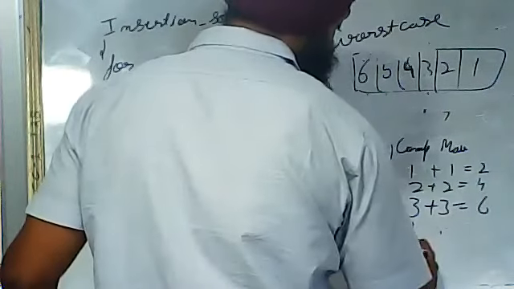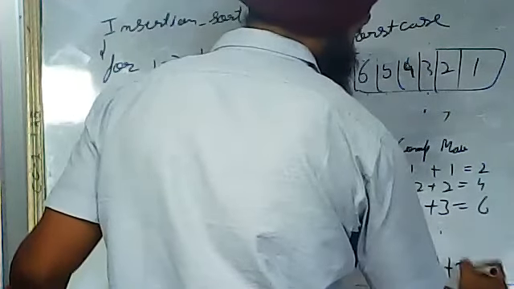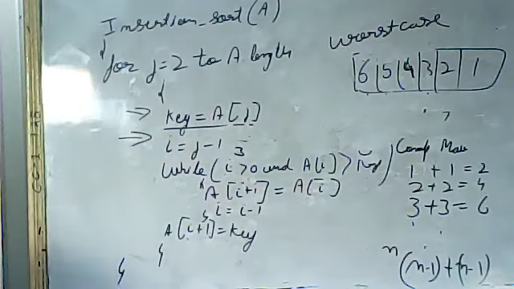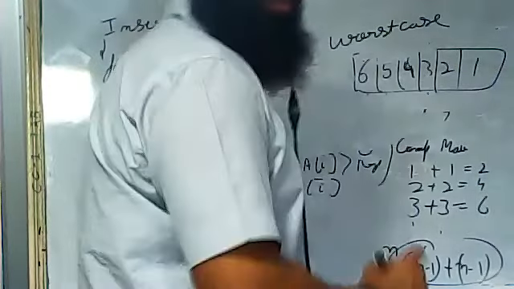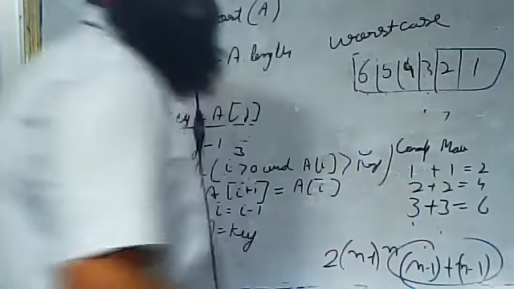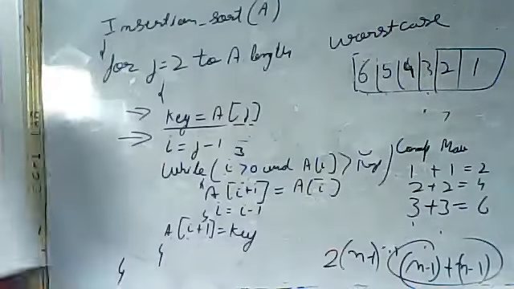And if there are n elements, n minus 1 comparisons and n minus 1 movements will be there. So if I write this term as 2 of n minus 1, I'll write this term as 2 n minus 1. And can I write this one also as 2 n minus 1?